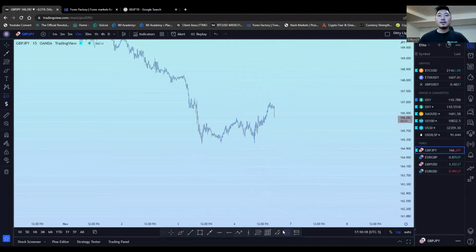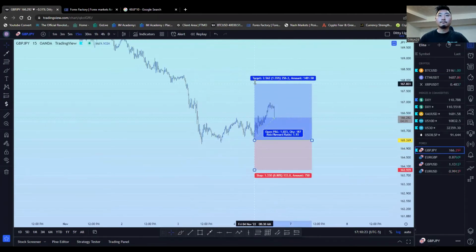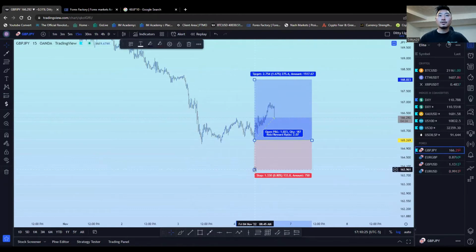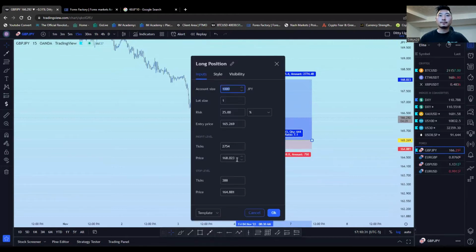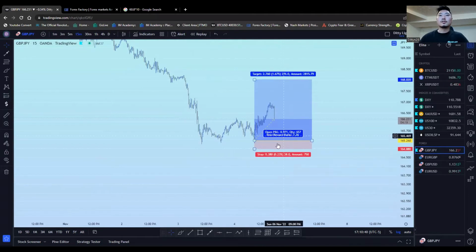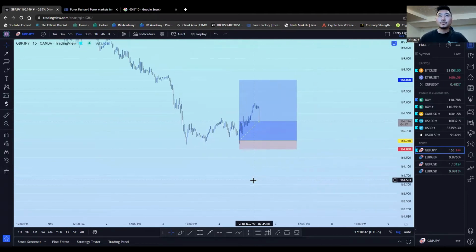Let's say you enter here for a long, and you're risking what? Your stop loss would be here. I'm just going to mark it, just to simplify it for you.